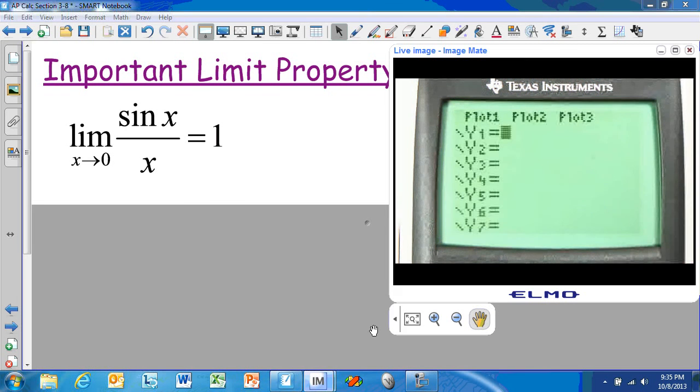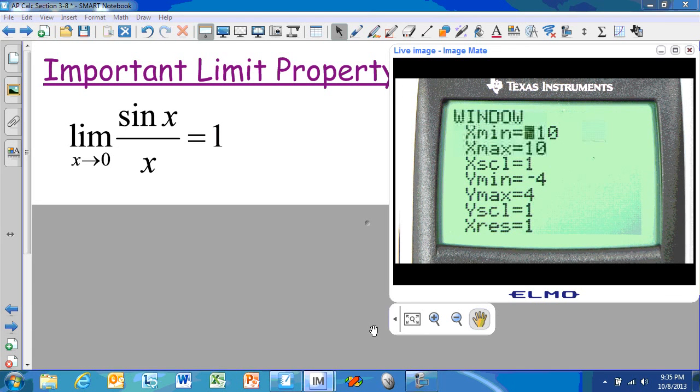And in y1, let's put in the function sine of x over x. And I'm going to set my window up here. We'll go from -10 to 10 for our x's, and we'll go from -4 to 4 should be fine for our y's. We're saying the limit's 1, so this should give us a decent sketch of that graph.